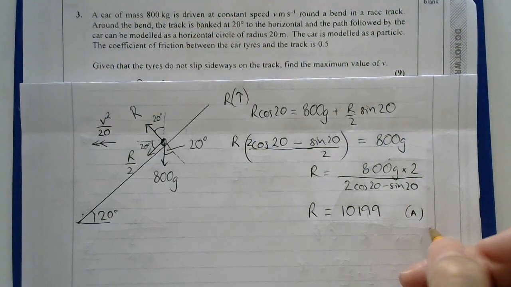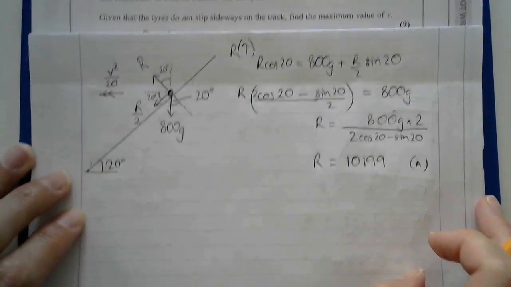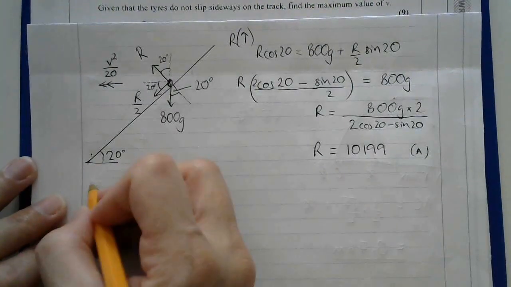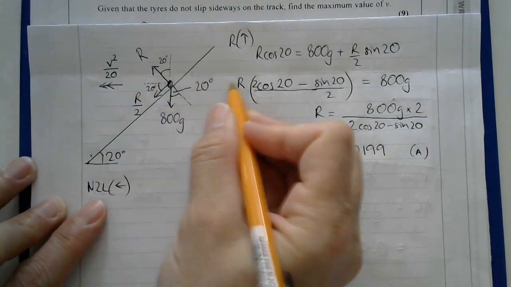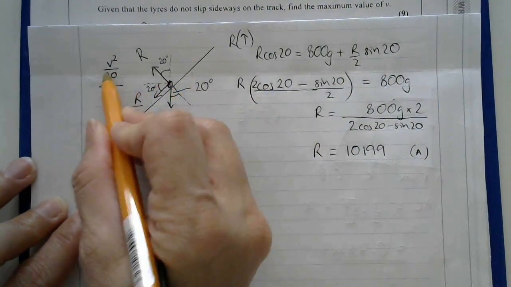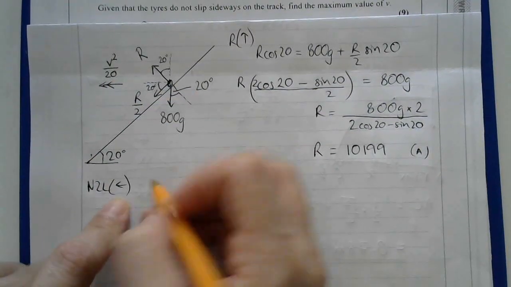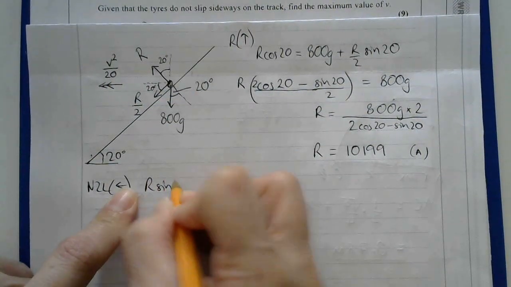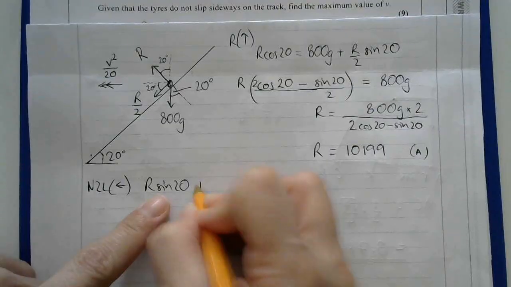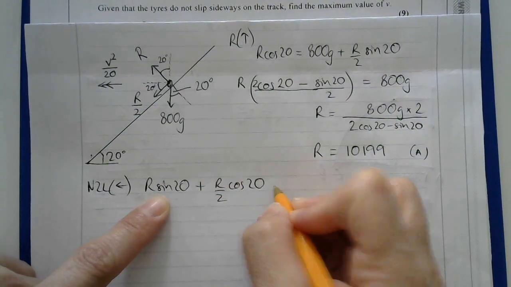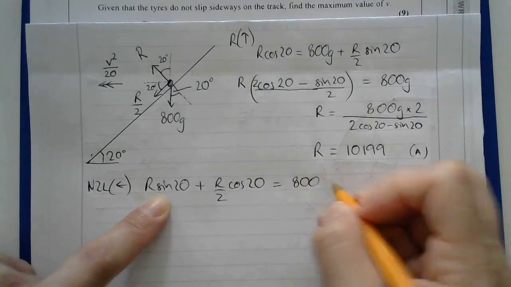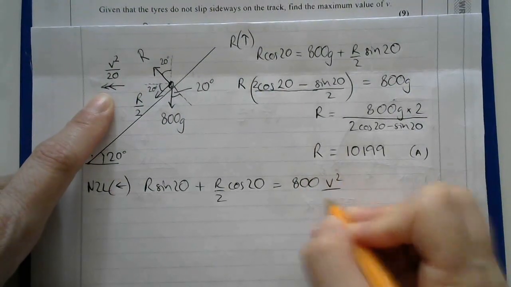Then I can resolve in this direction, so Newton's second law this way. Forces to the left minus forces to the right equal the mass times the acceleration to the left. So I've got R sine 20 plus R over 2 cos 20 equals the mass times the acceleration.